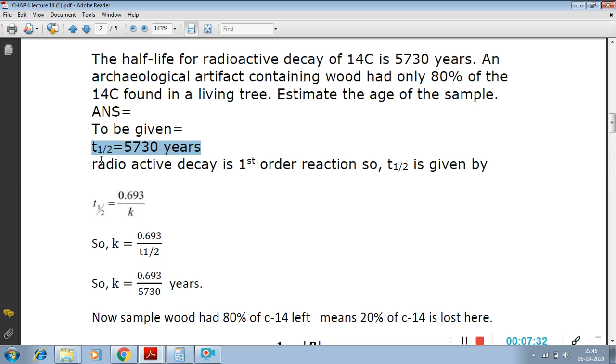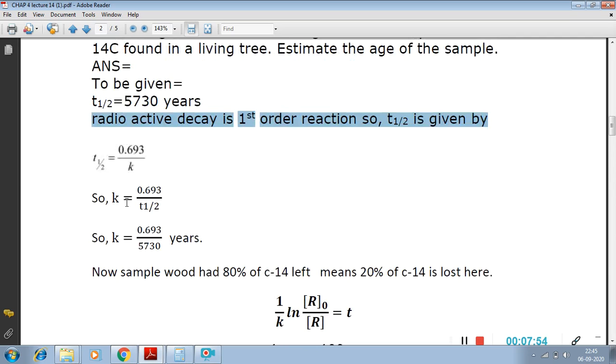Any compound which is radioactive, the reaction for that radioactive compound is a first order reaction. So radioactive decay is a first order reaction. So T1 half is given by T1 half is equal to 0.693 divided by K. Now we have T1 half here, you can see 5730 years. So we can find out the K value from that.